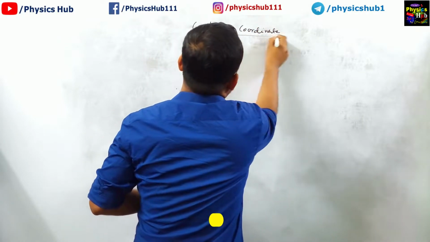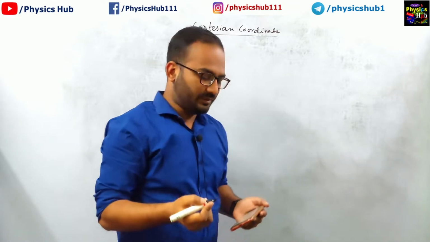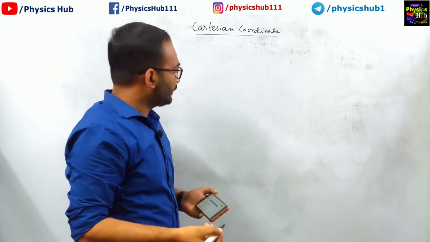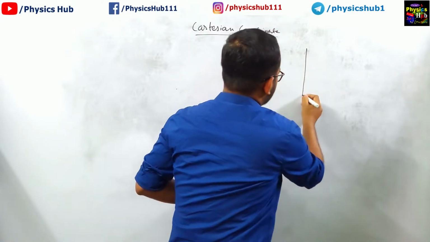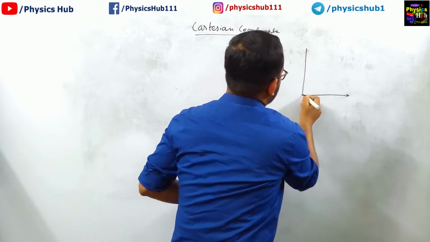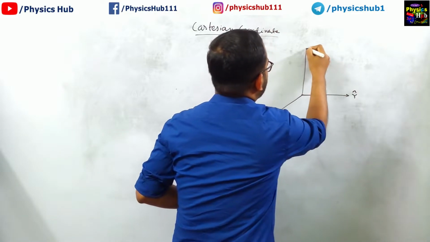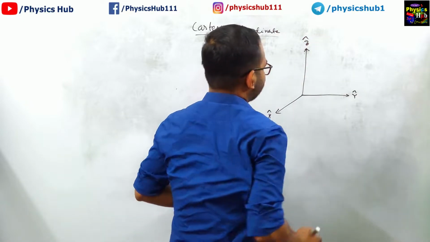The line, surface and volume elements. First of all, if you want to denote the position vector, what do you do? Let us draw the coordinate system first. This is your x cap direction, this is your y cap direction, this is your z cap direction, let's say.